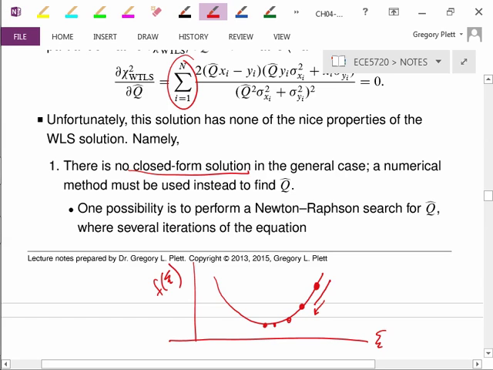That's called a gradient descent method. If you're careful with your step size, they'll always find a local minimum. They're not guaranteed to find a global minimum in a very complicated function, but they do work, but they're kind of slow.